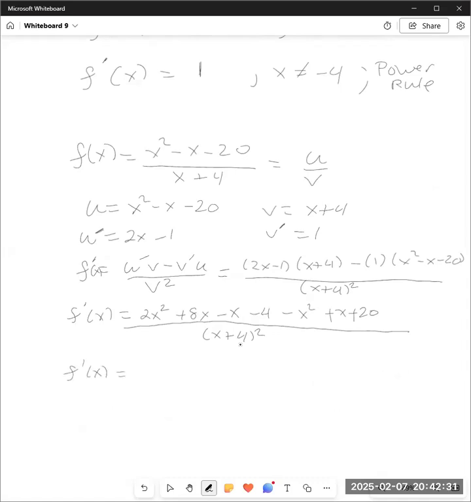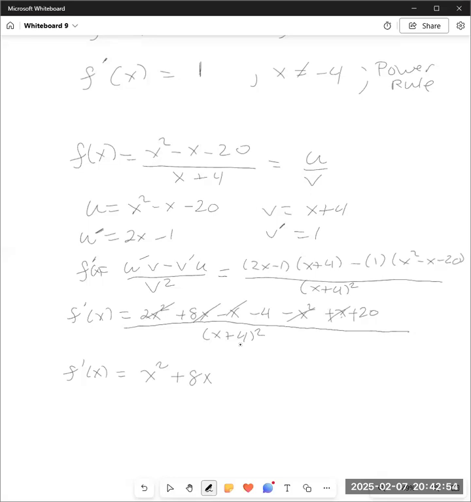So this is f prime of x is 2x squared minus x squared is x squared. This is plus 9x, sorry, plus 8x. So we have negative x plus x is 0, plus 8 is 8x.